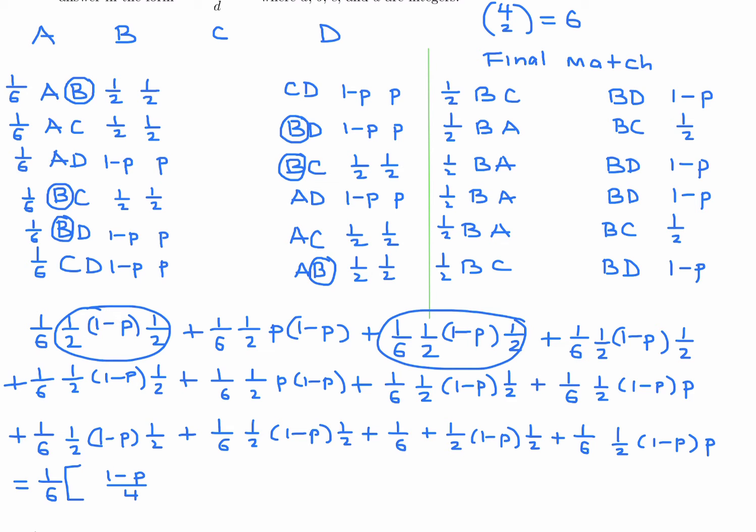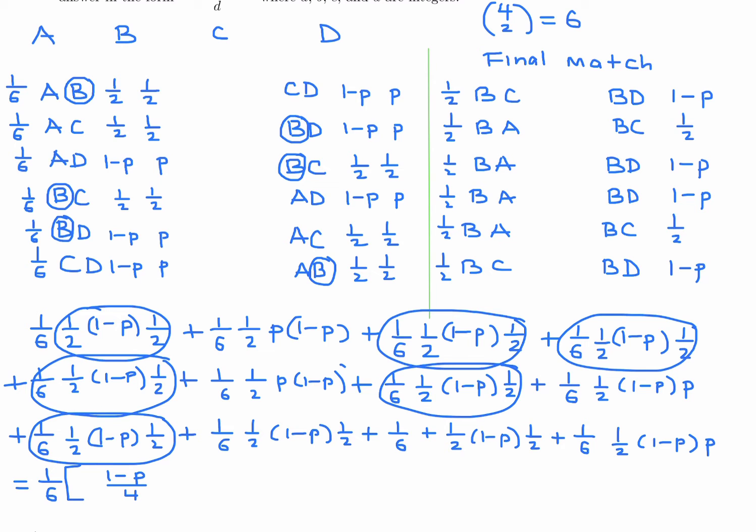Here's another one, 2, 3, 4, 5, 6, 7, and 8. 8 times. So I can just put an 8 there like that. That makes it a lot easier for us to calculate.